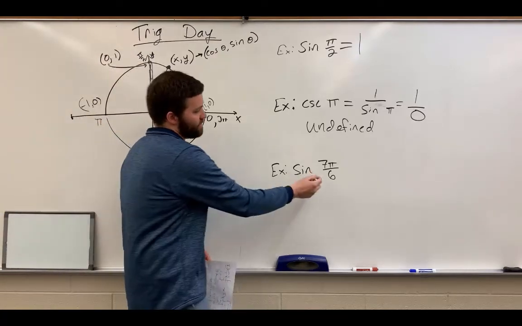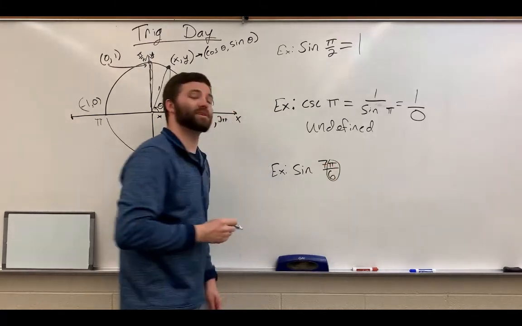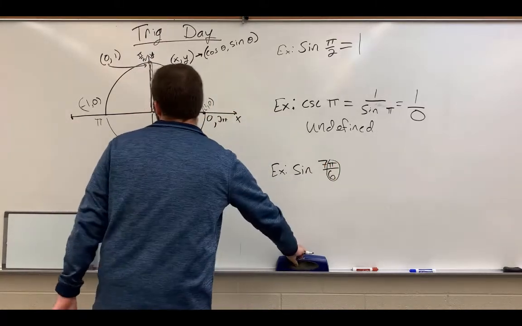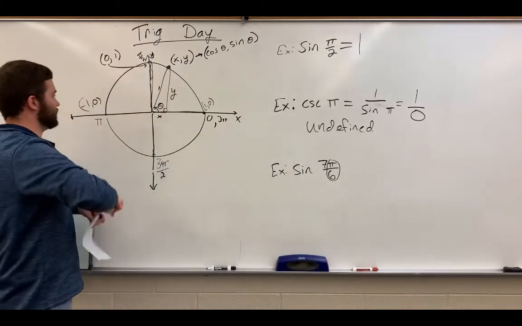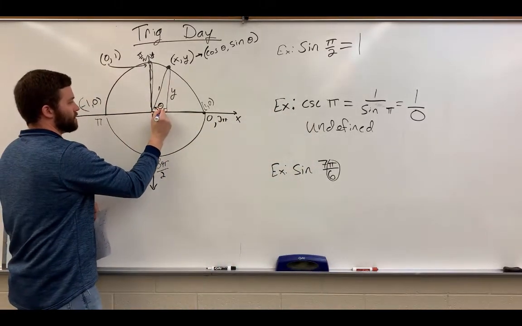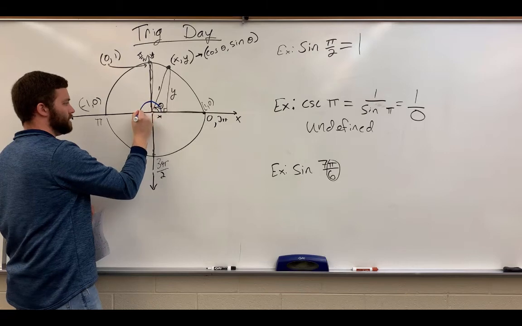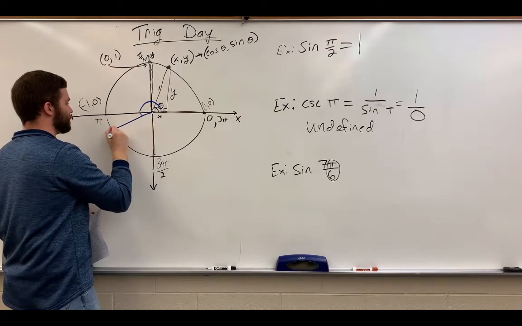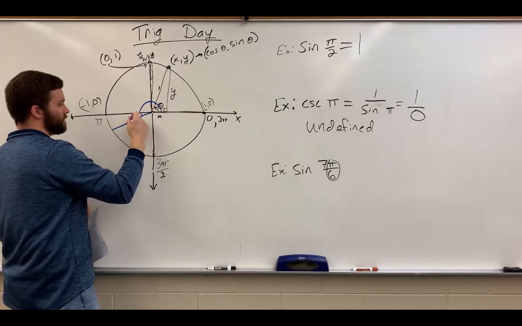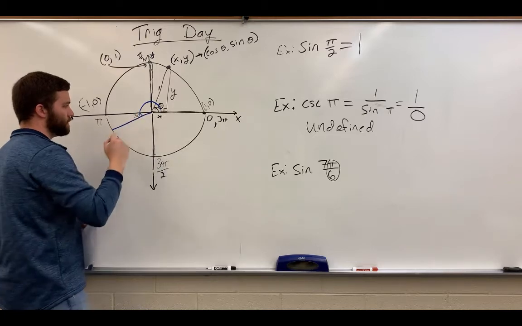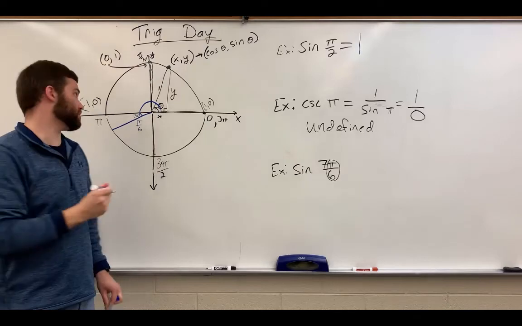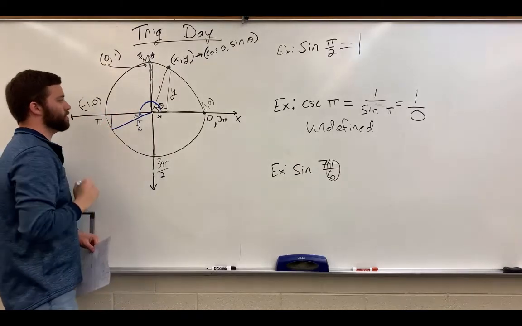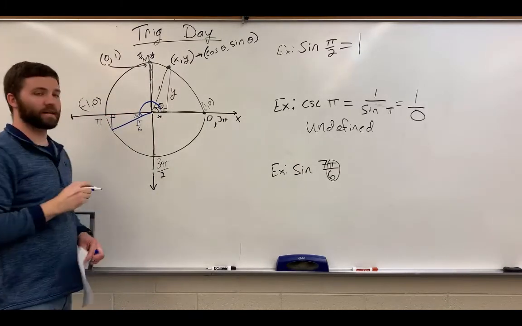But if you think of it as 7 times 30 degrees, that's 210. So start here, 90, 180, 210, something like this. Your reference angle is 30 degrees, or pi over 6. So that tells you that you're going to use the 30, 60, 90 triangle to analyze this.